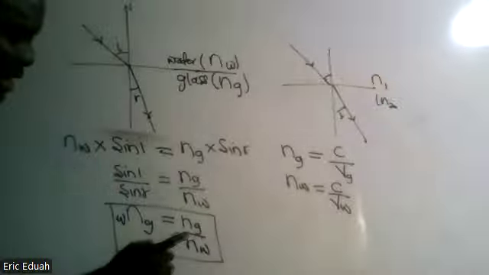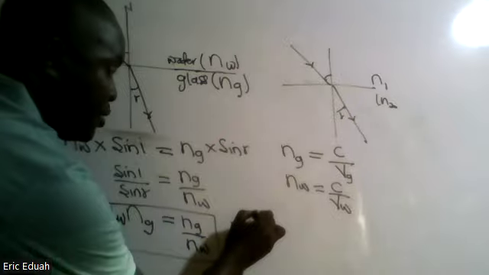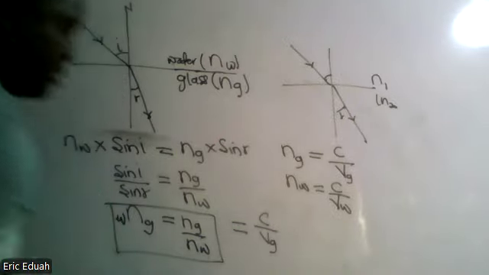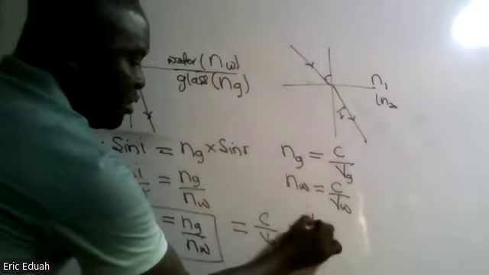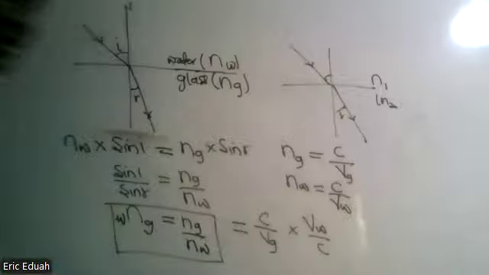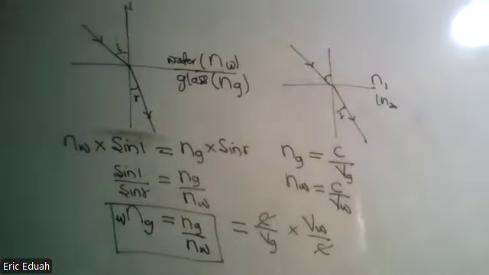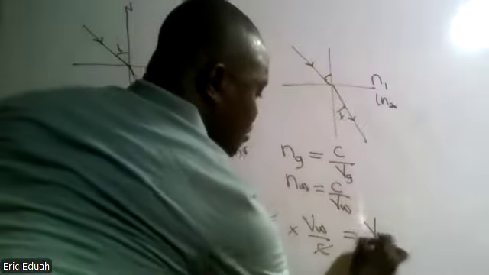So when you substitute this here, you have C over VG divided by, so times, VW over C. This and this will cancel so that we have VW over VG.